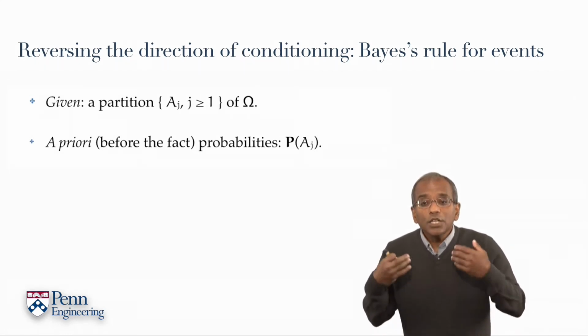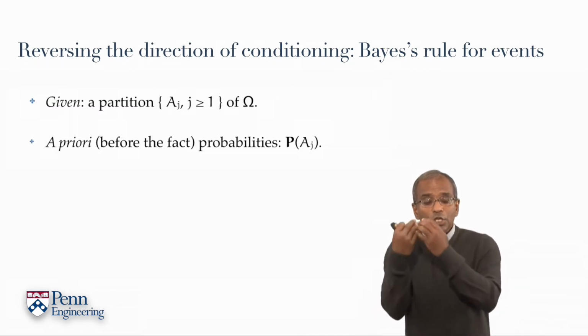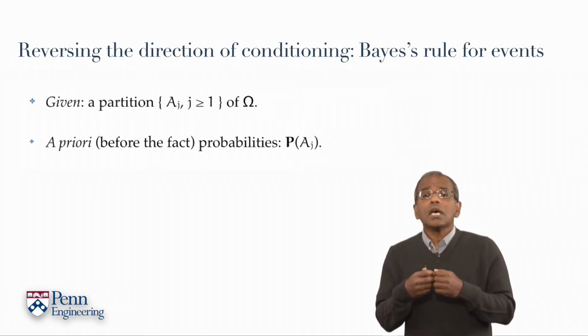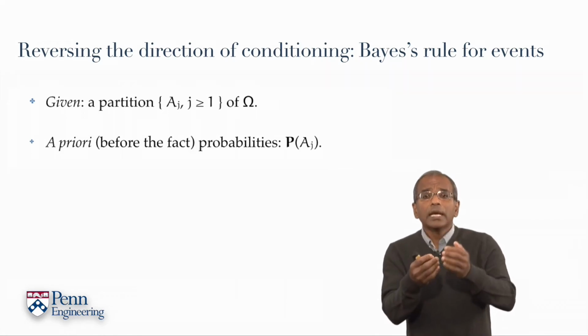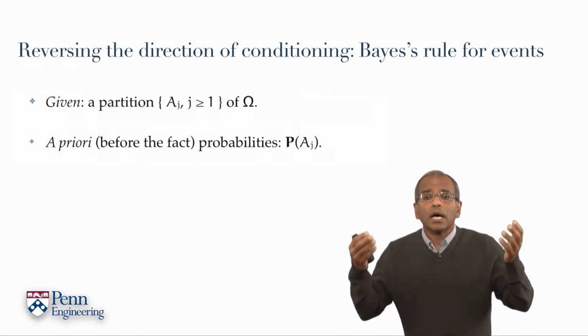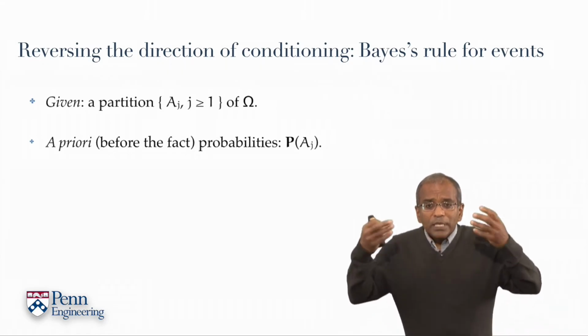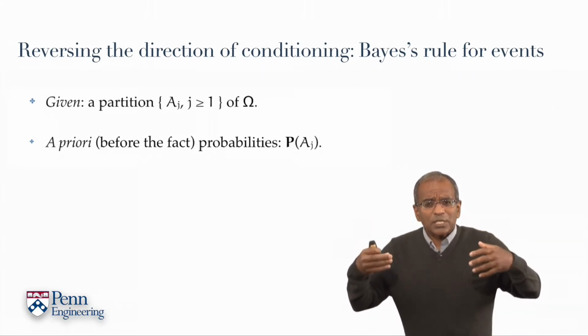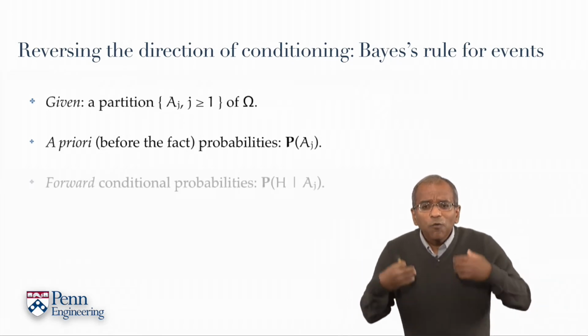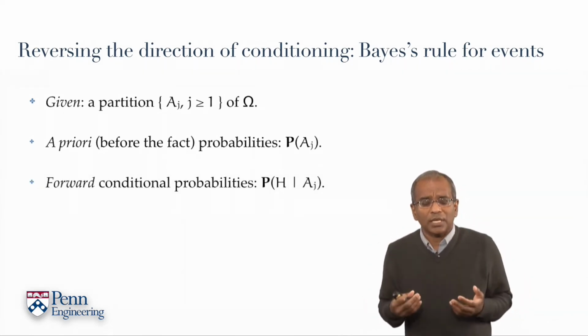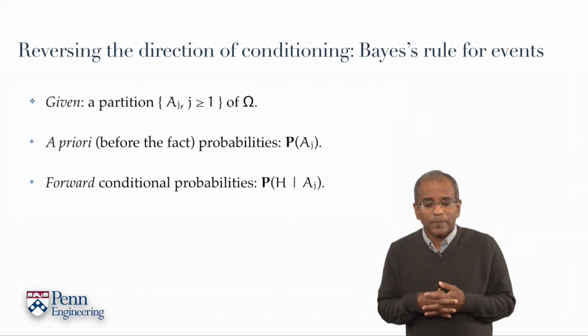We imagine, as we've seen repeatedly in our examples, that the probability measure is implicitly specified via certain conditional probabilities. A conditional probability of some target event H given some prior or side information A sub j. We will think of these in a natural sense, as we will see shortly, as forward or transition conditional probabilities.